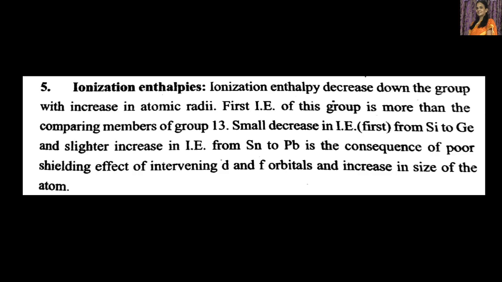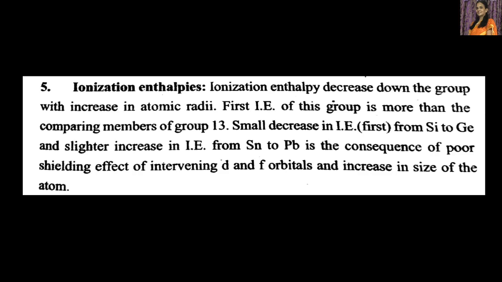Here also the same thing happens: it decreases down the group with increase in atomic radii. The first ionization energy of this group is more than that of the group 13 members, since ionization energy generally increases across the period. Therefore, group 14 elements have higher ionization energies when compared to group 13 elements.